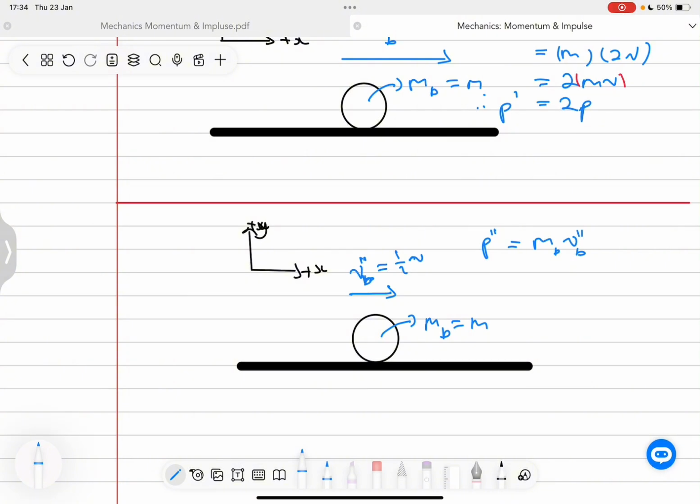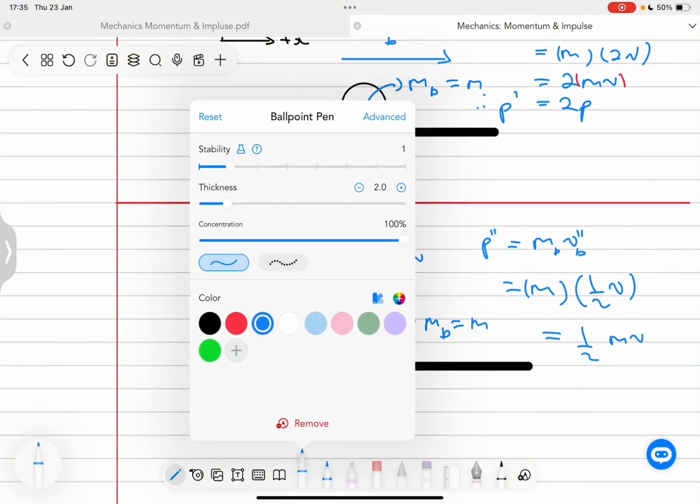But this velocity now is double prime because it is not the original velocity, nor the velocity in the second scenario. In this case, we are going to have the mass as it is, but here we're going to have 1 over 2 v. Now this can be simplified to be 1 over 2 mv.